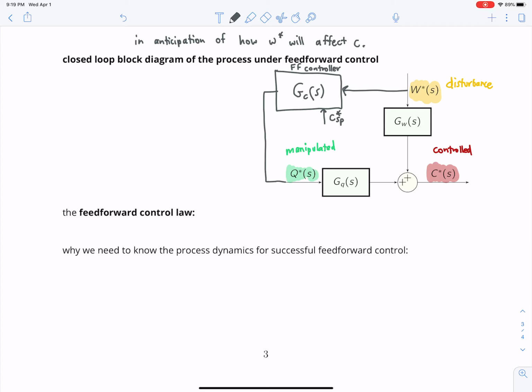So what the feed-forward control law does is it takes in the measurement of the disturbance variable, and based on that measurement, it decides what to do with the manipulated variable. So it makes a decision. Outputs Q, the manipulated variable.